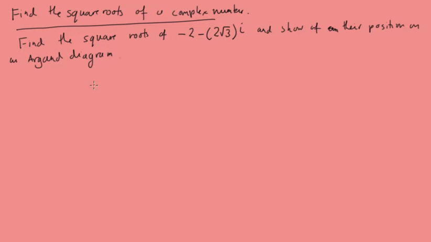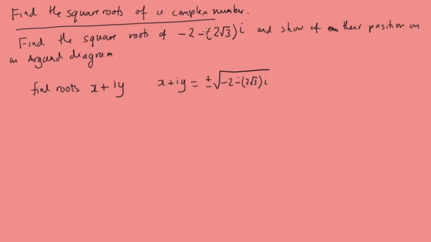So we want to find the roots, so they're going to be of the form x plus iy. So x plus iy must equal plus or minus the square root of -2 minus 2 root 3 i.